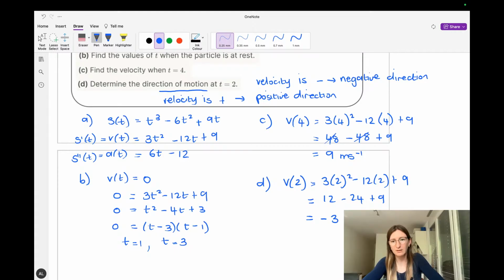A negative number, minus 3 meters per second. So our direction of motion is in the negative direction. That's all they're asking, because it was a negative number.